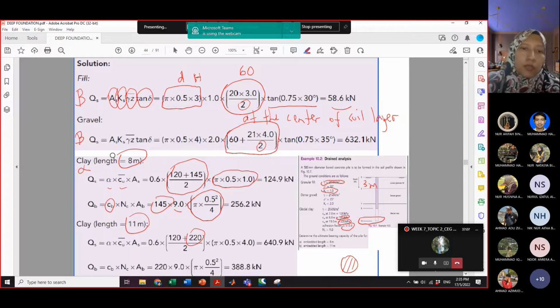For example here, CB times this for clay. For sand, QB we just take the overburden stress times NQ times AB. But for QS, here it is called the average overburden pressure. The average overburden pressure we take at the center of the soil layer, so we don't take the full depth.